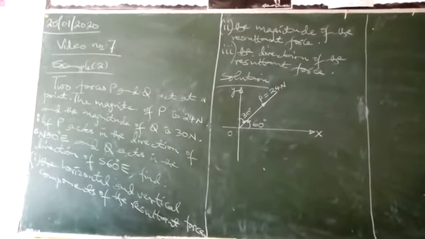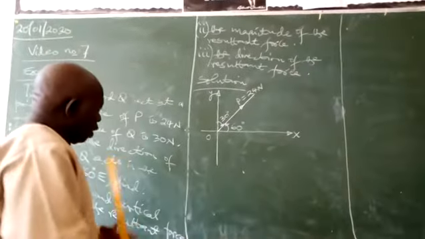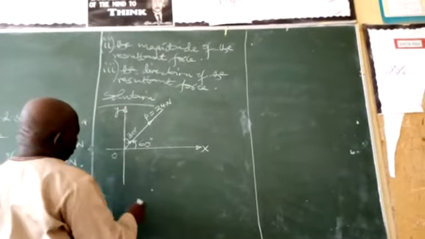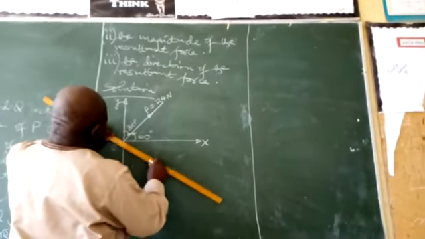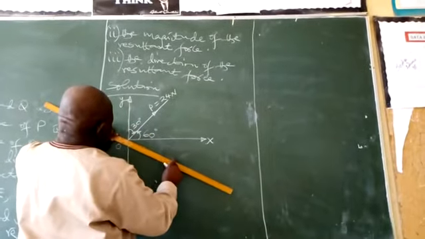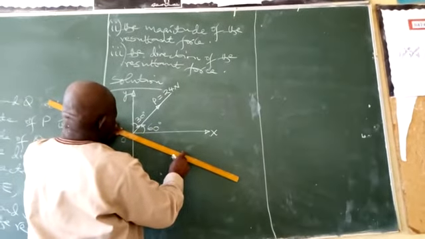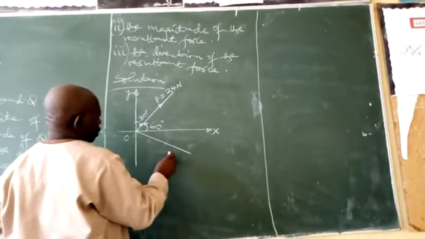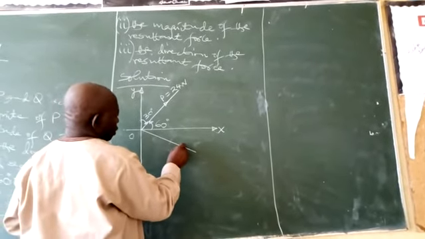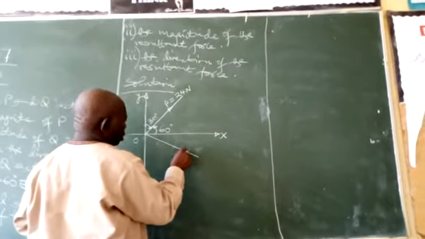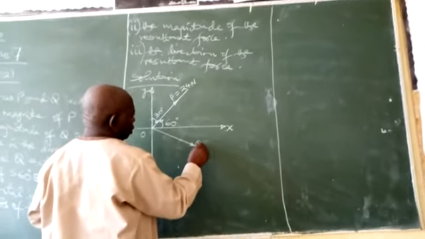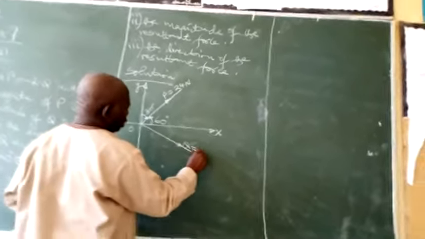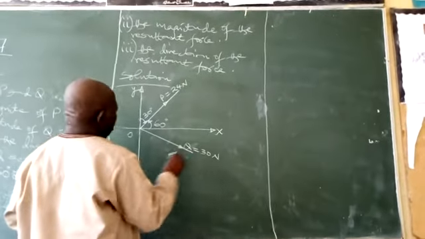we are told, is 60 degrees southeast. Again, we measure 60 degrees from the vertical. This is 60 degrees. This Q is 30 Newton.